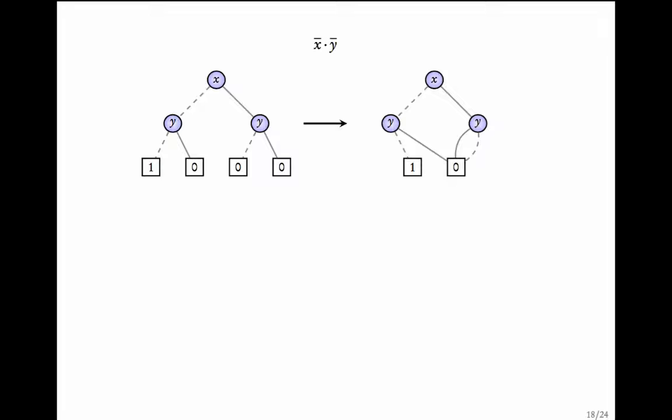If you notice, this is a decision node, right? At this node, if you choose to take 1, you go here. If you choose to take 0, you go to the same node. Here, if you choose to take 0, you go here. If you choose to take 1, you go here. Clearly, this decision is unnecessary.